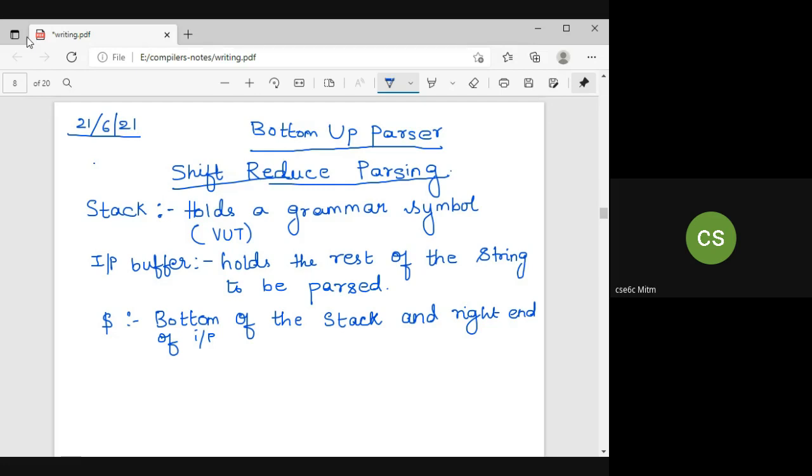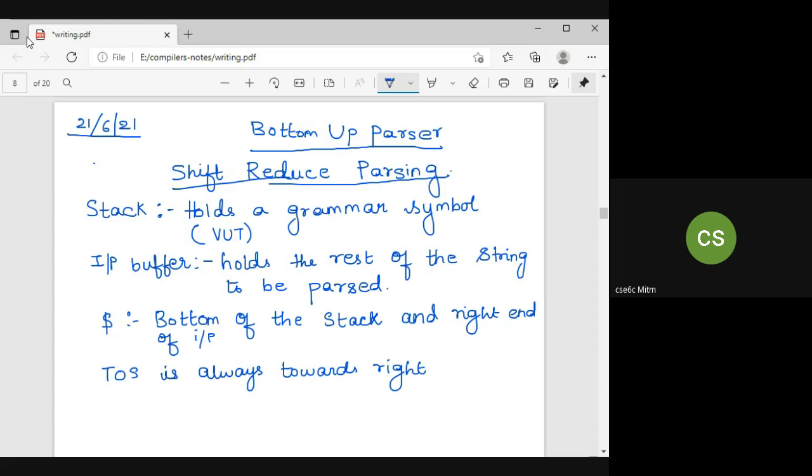Next, in bottom-up parsing, the top of the stack is always towards the right side as compared to the left on the top-down parsers.